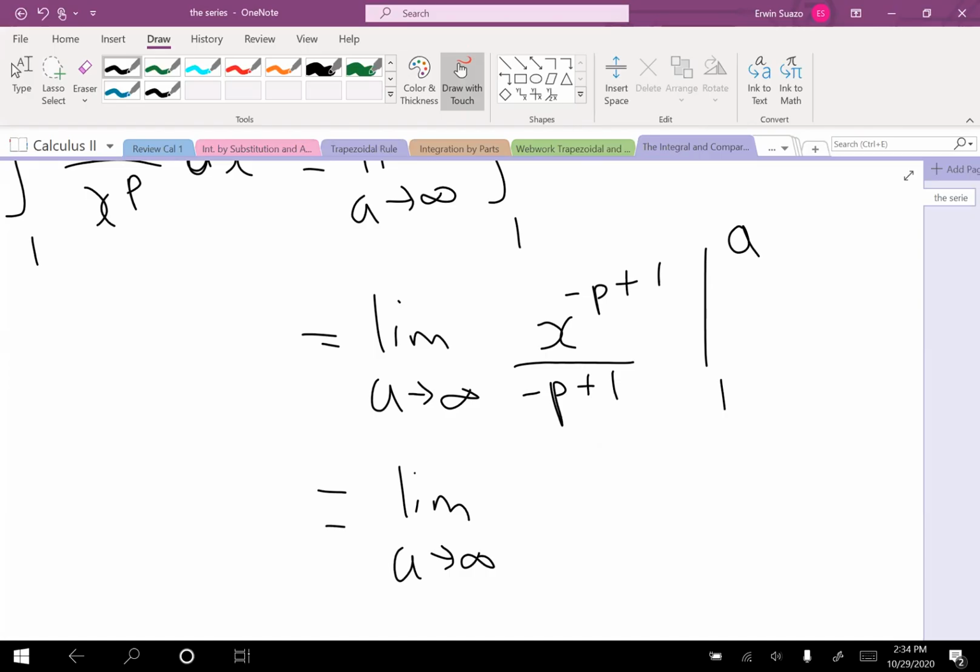Do you guys see any problem with p? Is it negative? Yeah, p could be negative, right? p could be less than 0. p could be positive, right?